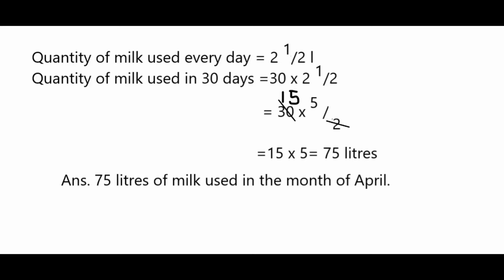Now 30 and 2, numerator and denominator, is cancelled by the table of 2. 2 into 15 is 30. So 2 15s are 30. Now 15 and 5 in numerator is multiplied to give the answer 75 liters. 75 liters of milk is used in the month of April.